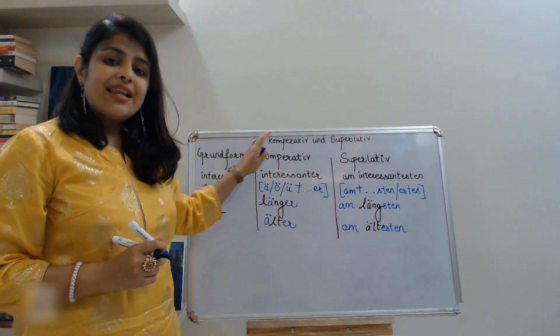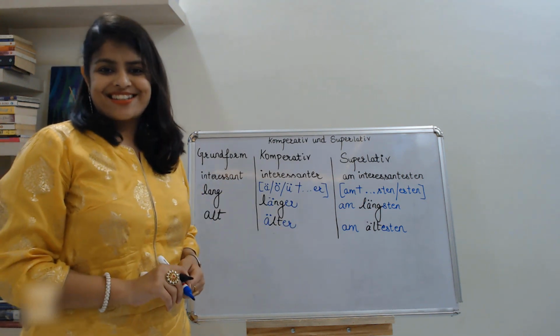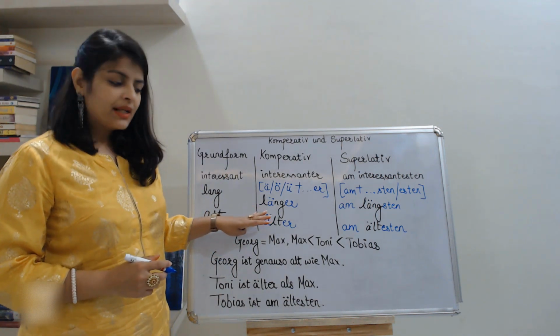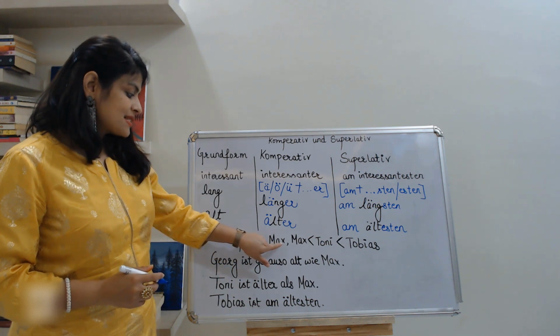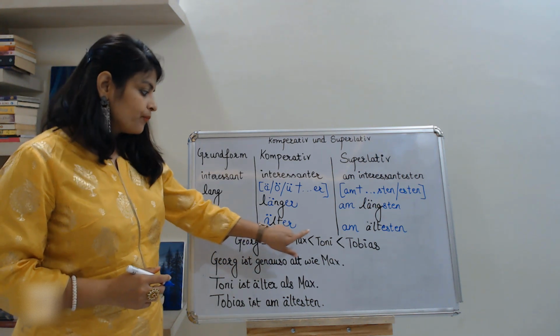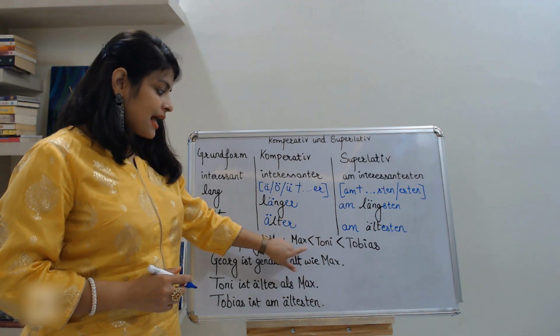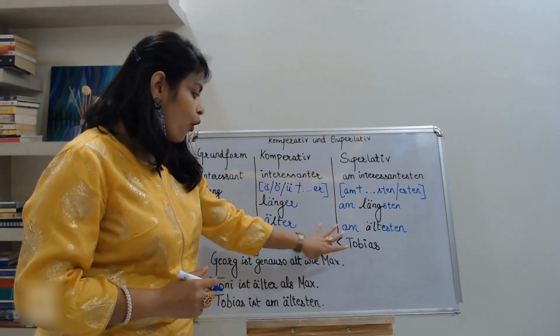So now let's see how to use this in a sentence. For example, I have to say Georg is as old as Max, and then Toni is older than Max, and Tobias is oldest among all.